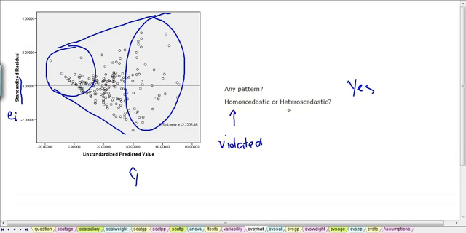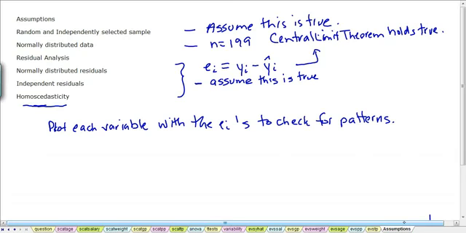When it's violated, we say it is heteroscedastic. So for our predicted value of y, we definitely have a problem. So for y hat, we have a problem with homoscedasticity. So this violates the homoscedasticity assumption.